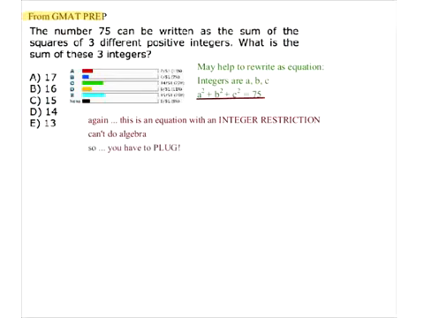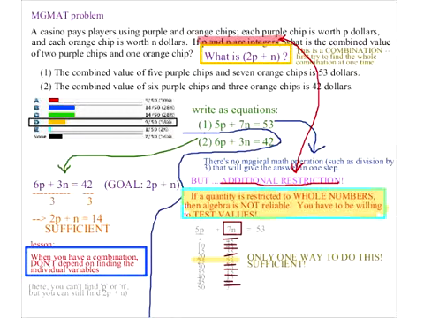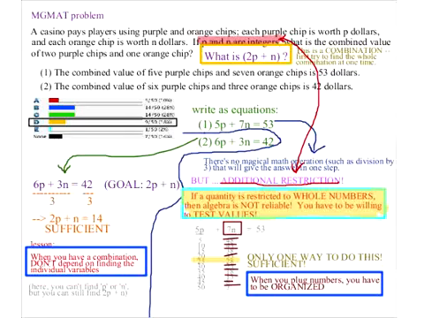Notice the key element of plugging here. Here's the last problem. The key element here is it's not like it's hard to plug numbers, but when you plug numbers, you just have to be very organized about it. You can't use random combinations of numbers. You got to have some sort of method to your madness, because otherwise you can just be flailing around for a really long time trying to plug random numbers. So when you plug numbers in, make sure that you have some sort of organization behind the way that you're doing it.